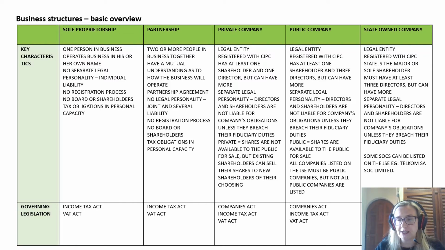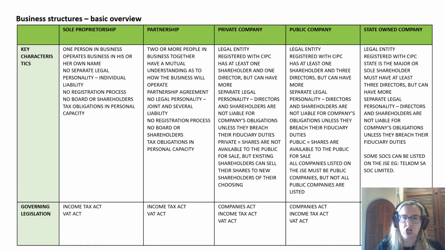Again, it is not an incorporated entity, which means there is no legal personality in this entity. It is individuals working as if they were sole proprietors, but working together. They can have an agreement where they decide who will be in charge of what, but that agreement is only enforceable between those parties. It's not enforceable against the third party.